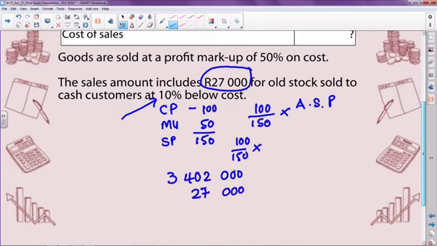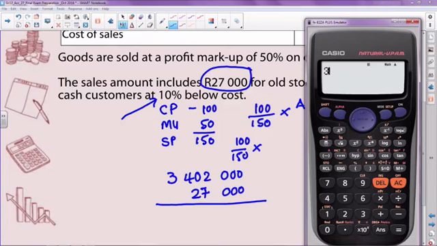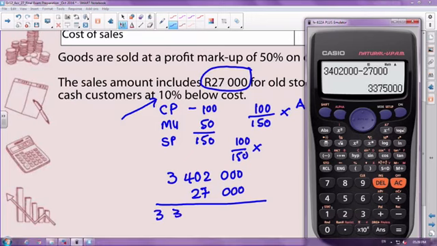Okay? Remove the 27,000. So we've got 3,402,000 minus 27,000, and this will give me a figure of 3,375,000. Okay, got it.